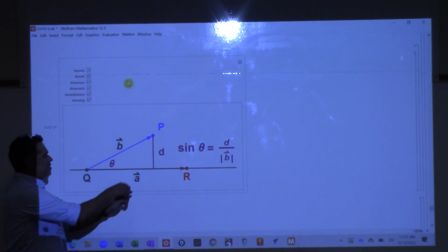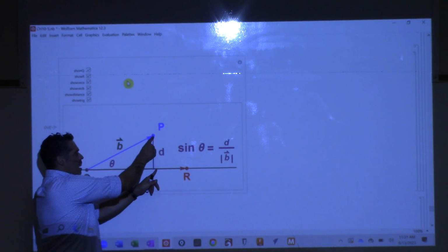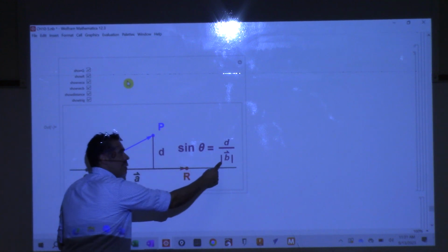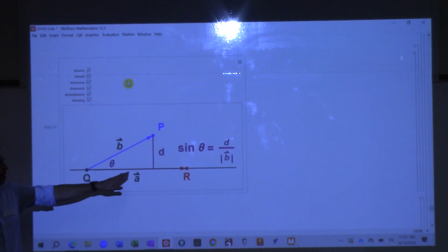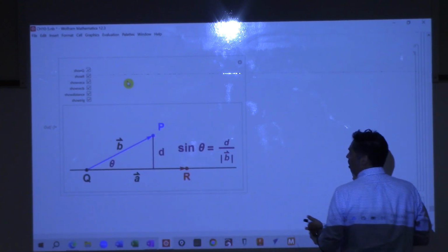Opposite is d, which is this distance. The hypotenuse is not the vector b, it's the length of vector b. It's how long that vector is. So do you all agree that this is true? Yes? Okay, so solve that for d.